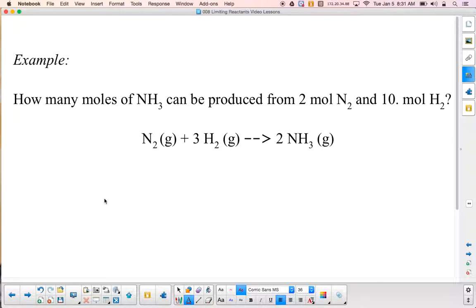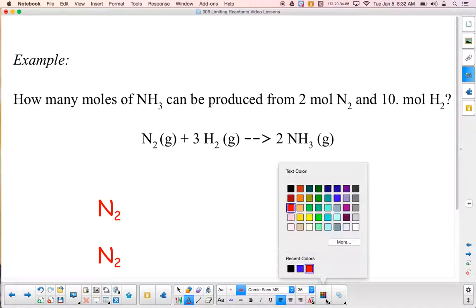To represent the 2 moles of N2, I'm just going to include a picture here of 2 N2s. And to represent the 10 moles of H2, I'm going to draw 10 H2s. And we'll do those in blue.